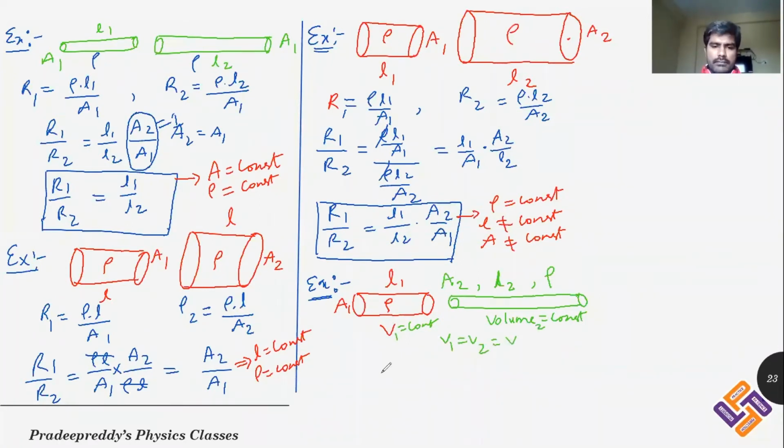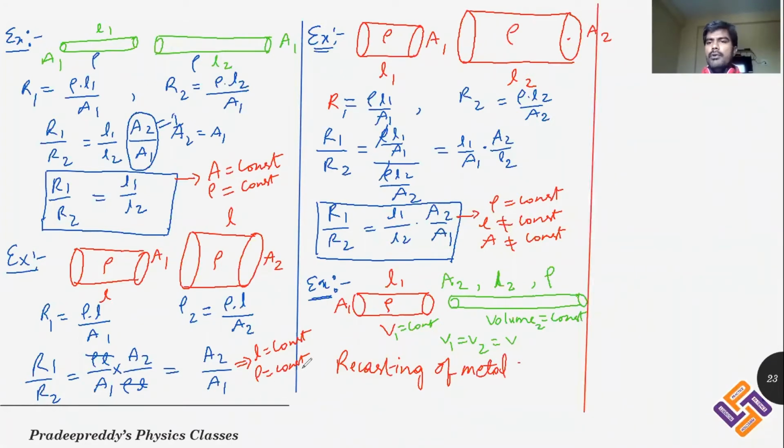What you are doing here is recasting. This is called recasting of metal. Recasting of metal means you are taking the same conductor and making that conductor elongate. Suppose you are taking a wire of length 5 centimeter, that will definitely have some resistance.